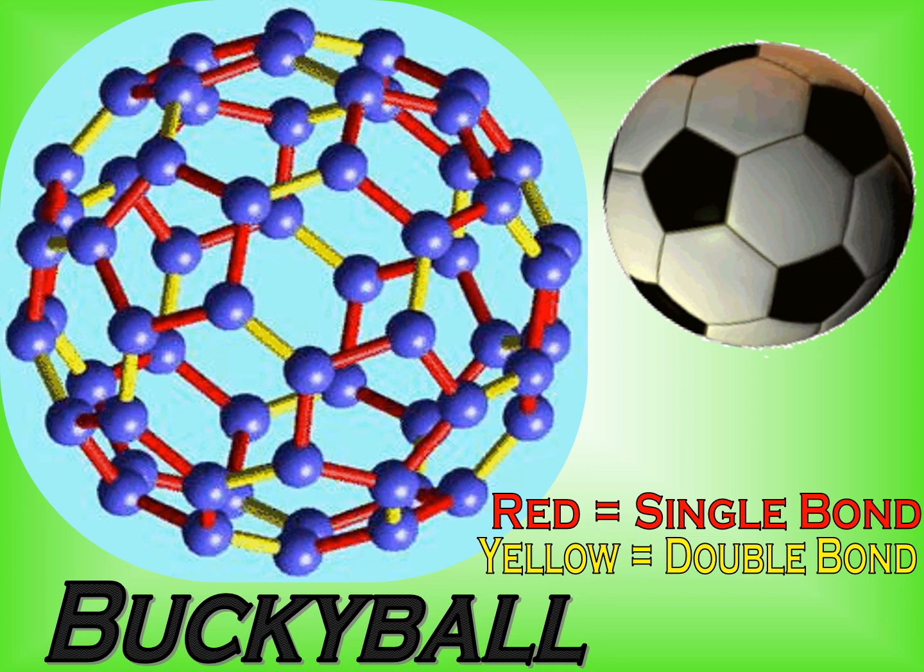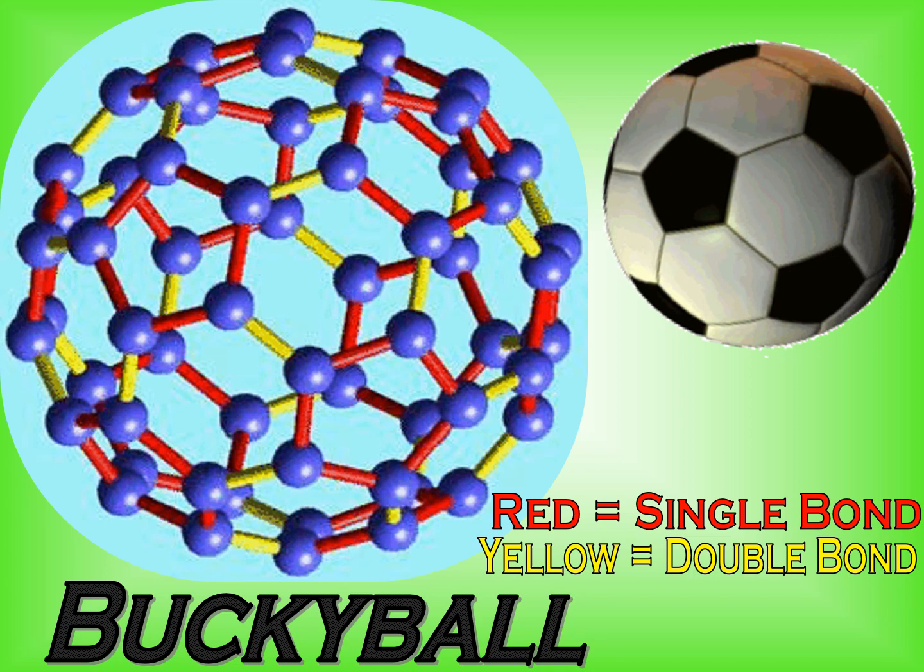What you've got are single bonds, which are longer, and double bonds, which are shorter. The pentagons are entirely made of single bonds. The carbons around the pentagon are entirely single bonded to each other. But as you go around the hexagons, it alternates between single bonds and double bonds. The double bonds, notice, are the ones found in between two of the hexagons.